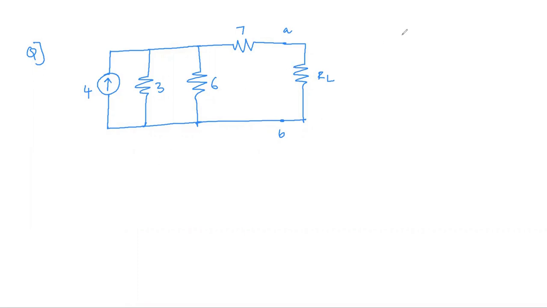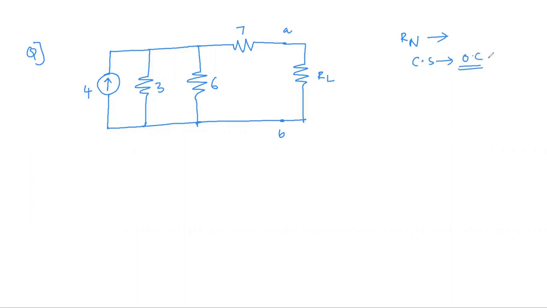So while finding RN, you are seeing a current source. The current source should be replaced with an open circuit or a short circuit? Open circuit. All the current sources must be replaced with an open circuit.